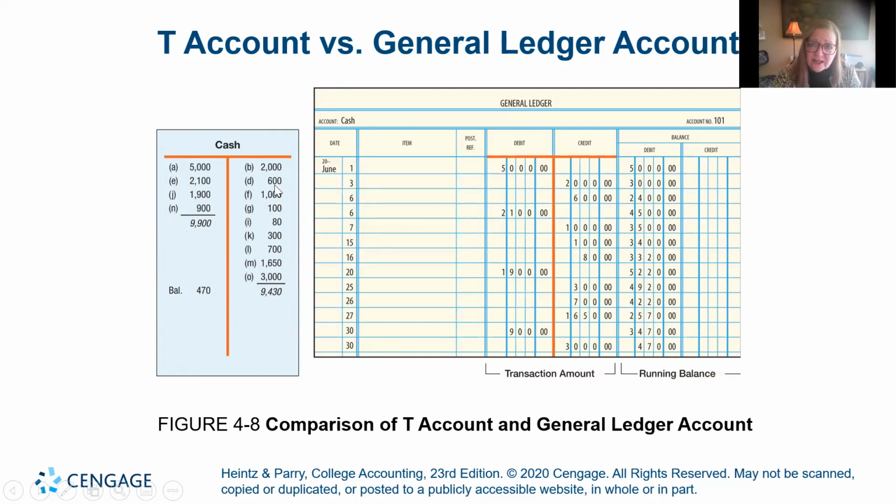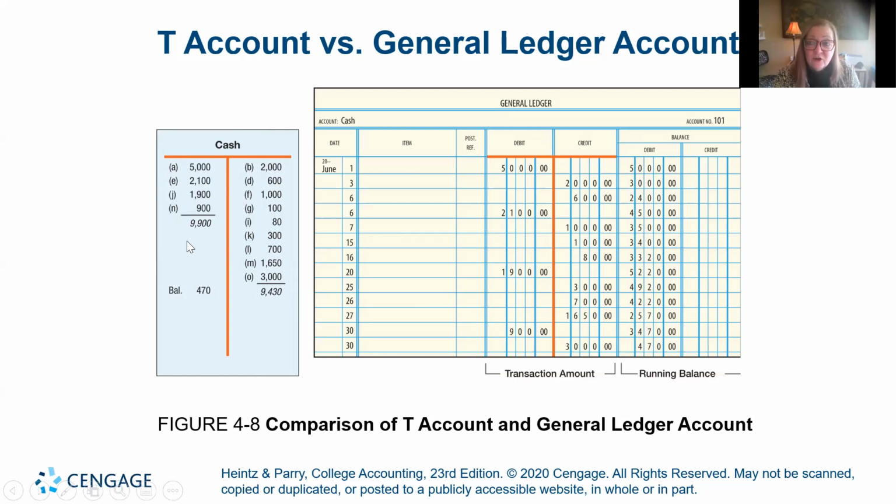These credits started eating up the debit balance. Every time a $2,000 credit came along, it lowered the balance by 2,000. Then another credit of 600, all the way down to 3,000 credit. By the time they were through, they had credited the account for 9,430. So they increased this account with 9,900 dollars in debit amounts.